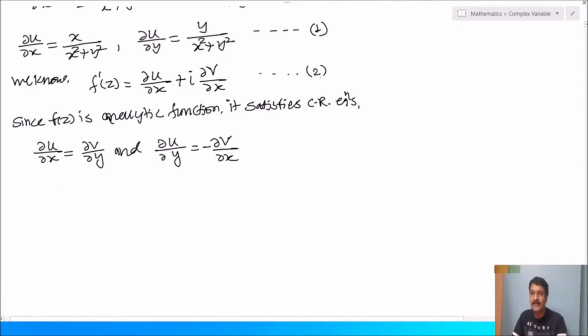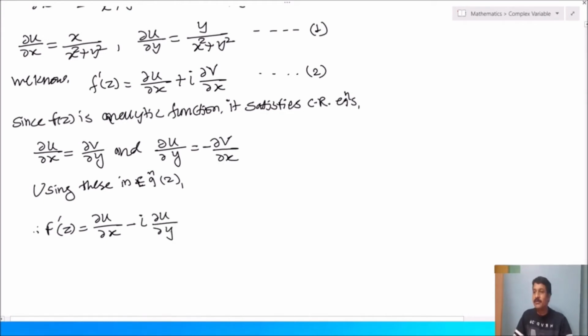If this is equation number 2, I can write using these C.R. equations in equation 2, and therefore f dash of z equal to del u by del x minus i del u by del y. Both values we have from equation 1, so substitute these values here.